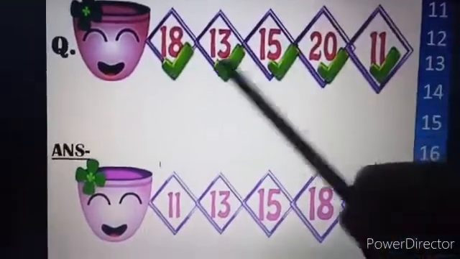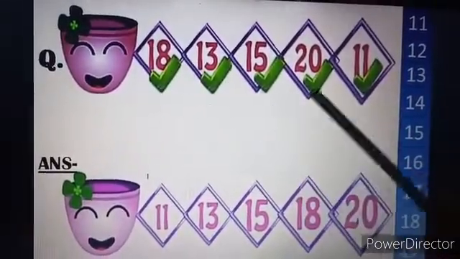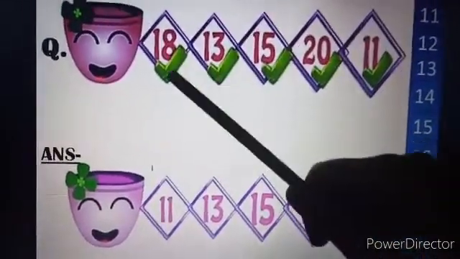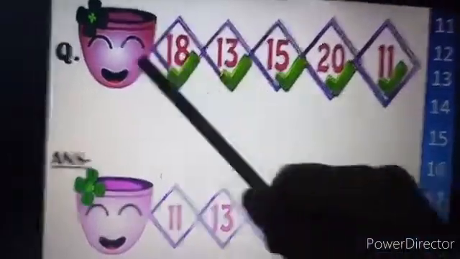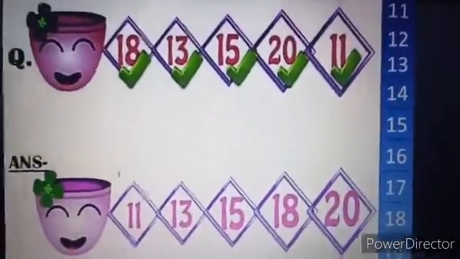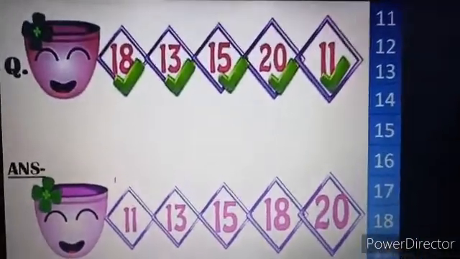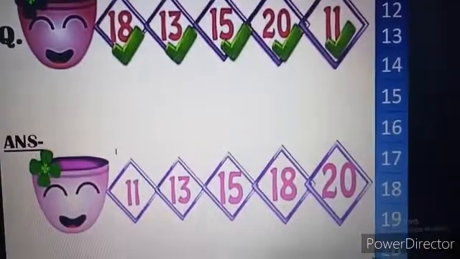Okay, see children, here I have written some set of numbers. Okay, 18, 13, 15, 20 and 11. This is your question, and these numbers are in between 11 to 20.